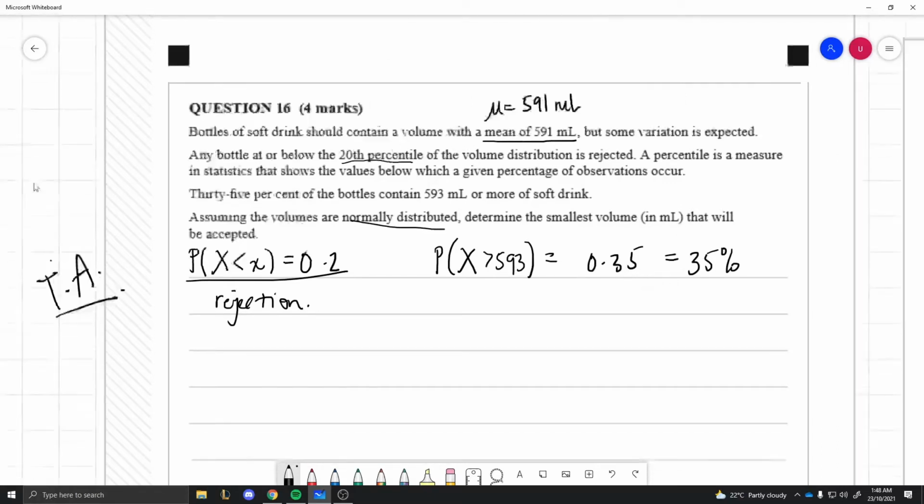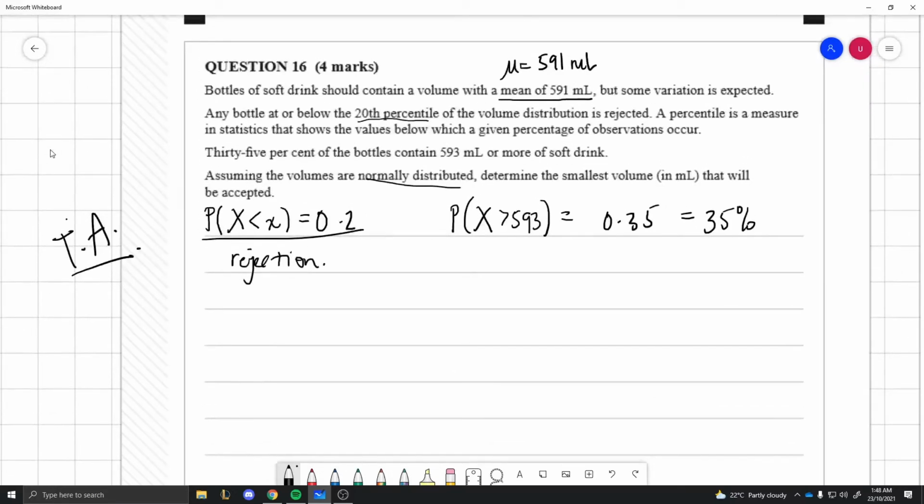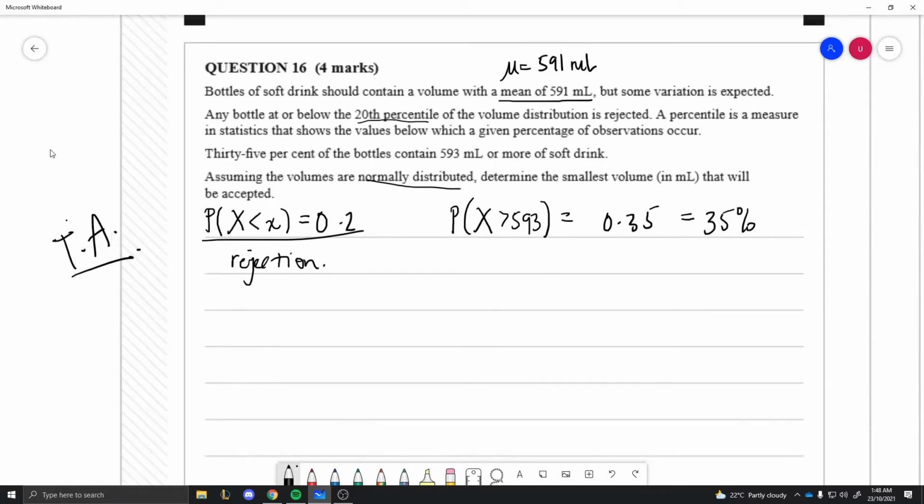The first thing we'll need to do, the easiest way to do this, would be to convert these values into z values, your z values on your z curve, because it's just easier to work with. So let's go P(Z less than little z) is equal to 0.2, and let's get a z-score for this.